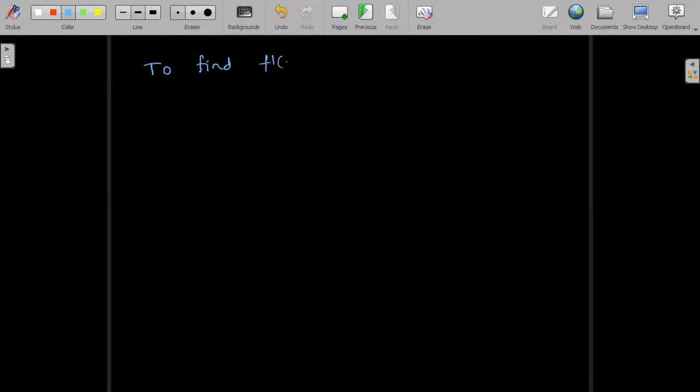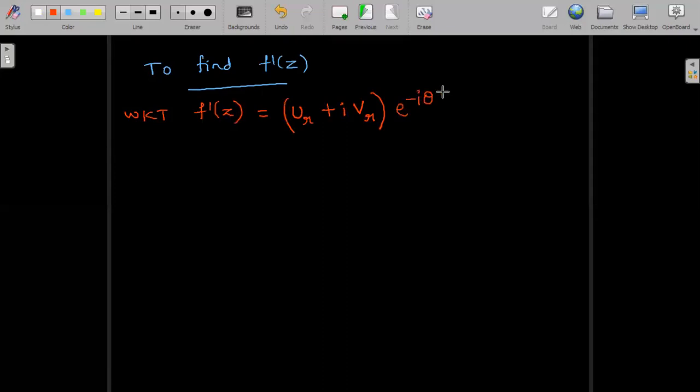So to find f dash of z, we will write down the formula in the polar representation. We know that f dash of z is equal to u_r plus i into v_r, and this entire thing is multiplied by e power minus i theta.